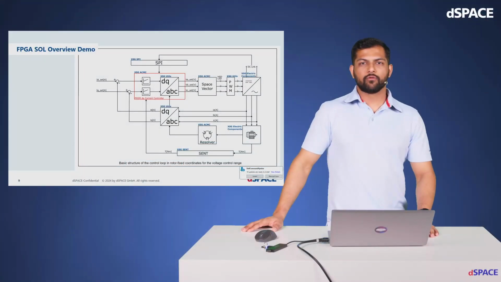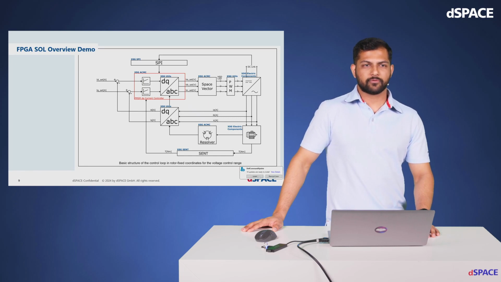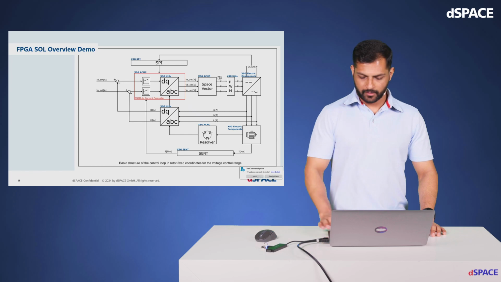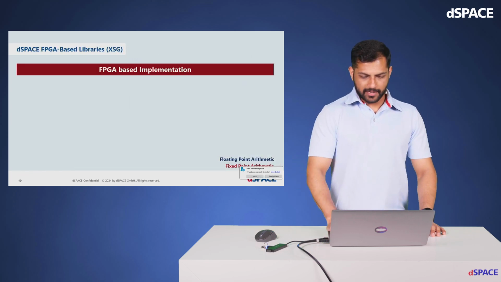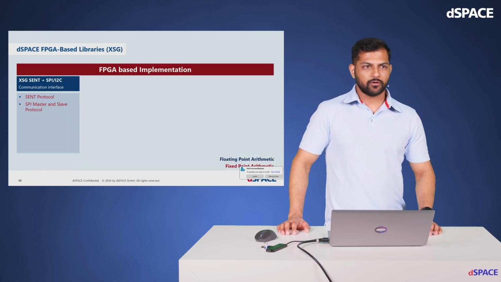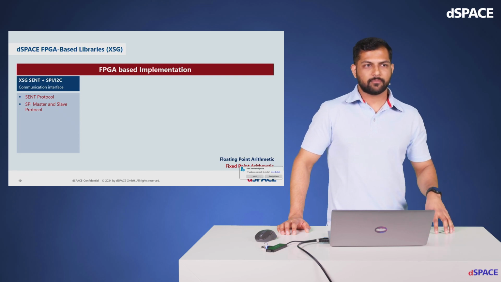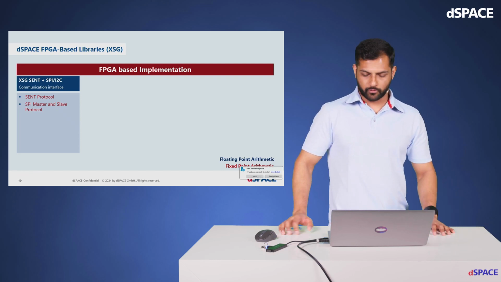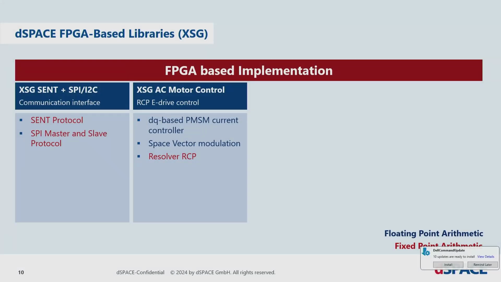This diagram gives an overview of the motor control which is implemented using the FPGA-based solution library provided by DSpace. From the SENT library, we are using the SENT protocol, and from the XSG SPI library, we are using SPI master and slave protocol. From the XSG AC motor control library, we are using the DQ-based PMSM current controller, space vector modulation, and resolver RCP.